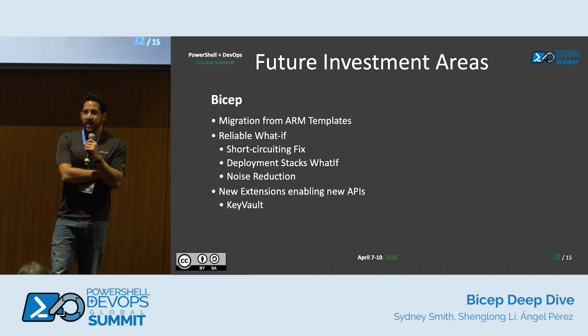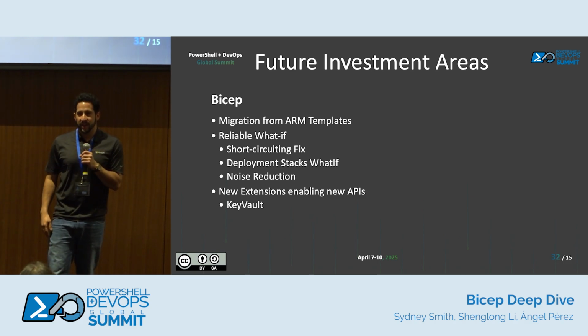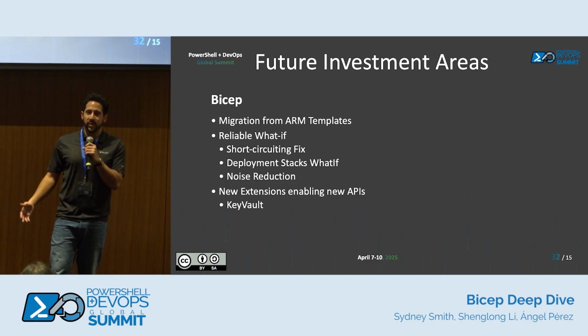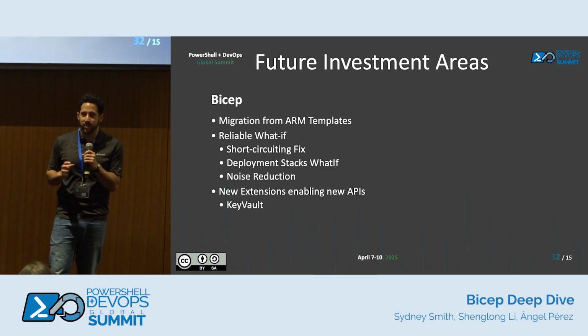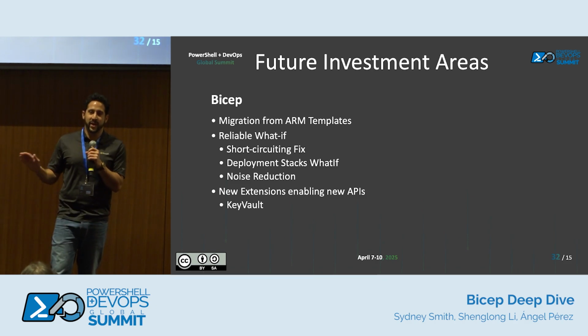This has been an effort that has grown as the cloud continued to grow. We made what-if available, and then we started tracking noise, but then the pace of resource types becoming available on Azure was faster than our own team's ability to track the noise. And then it just got way out of hand.